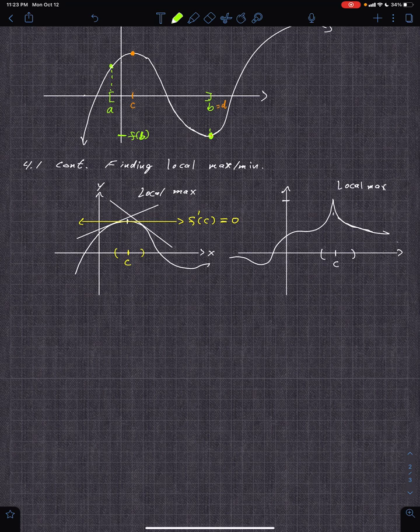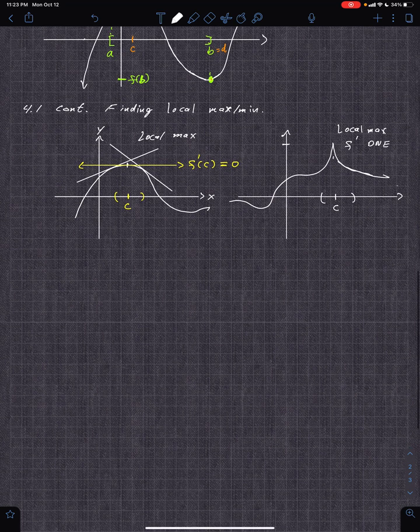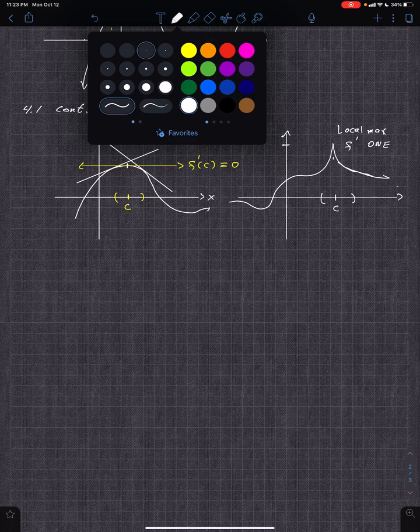So in this case, what we say is f prime does not exist. So we look for those cases. Both are local max in that case. So those are important points. We call them something. Those are called critical values.